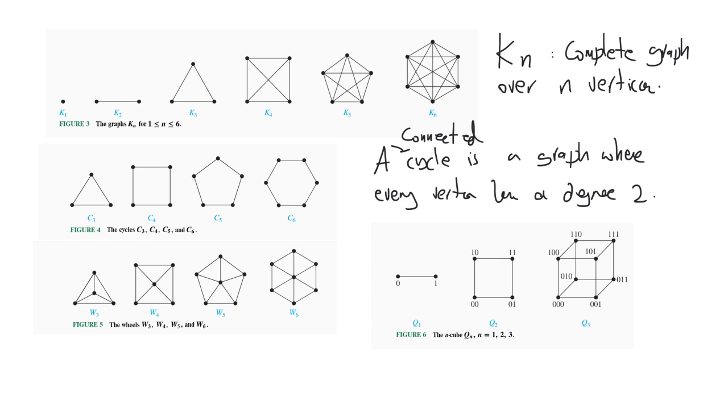Another interesting class of graphs are called hypercubes or n-cubes. So a hypercube is when you take an n-dimensional cube and put a vertex at every tip of it.